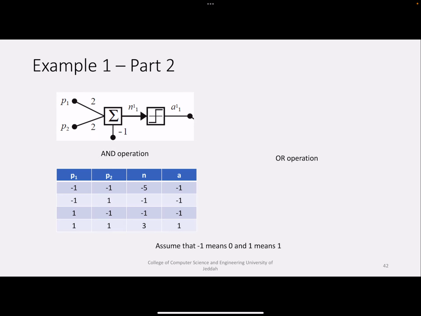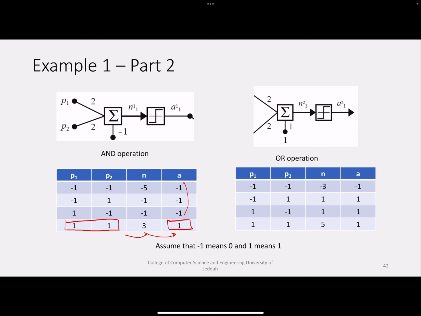And here are the different inputs, intermediate outputs, and outputs from the activation function. And you can see it works: for the AND gate, only when both inputs are 1 is the output also 1. In all other cases, the output is minus 1, or what we're treating as the equivalent of 0.